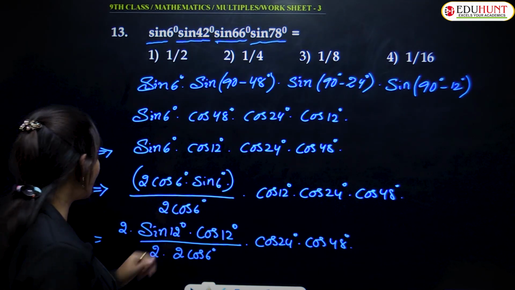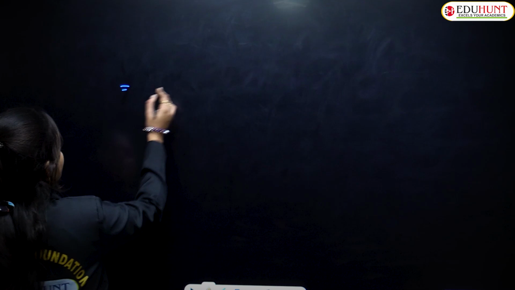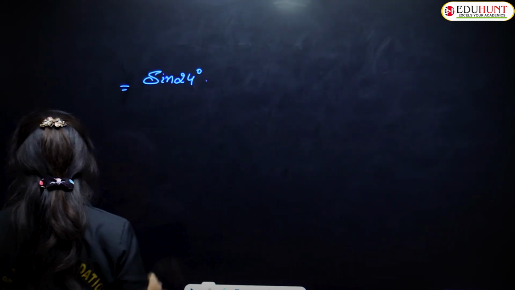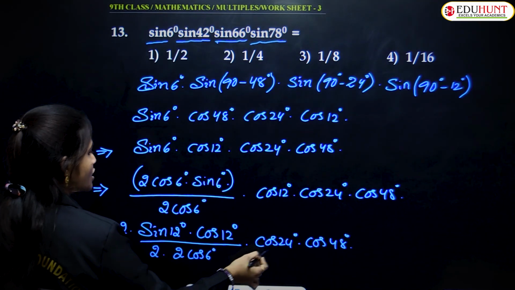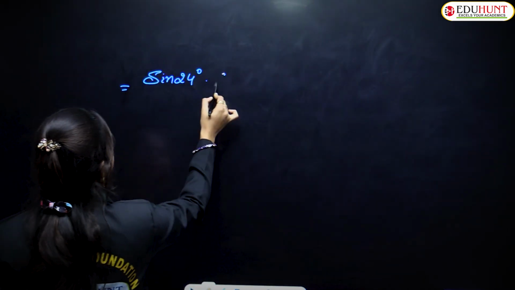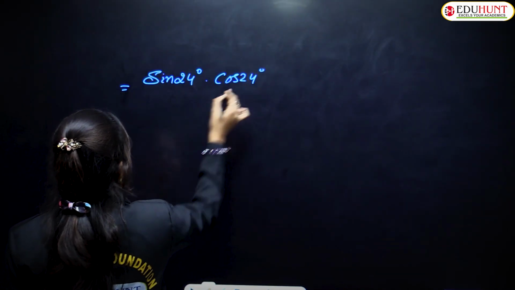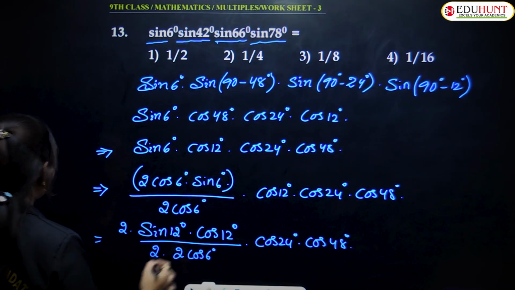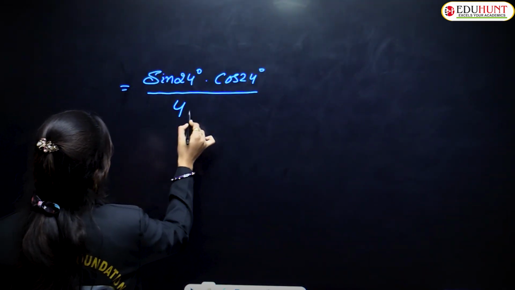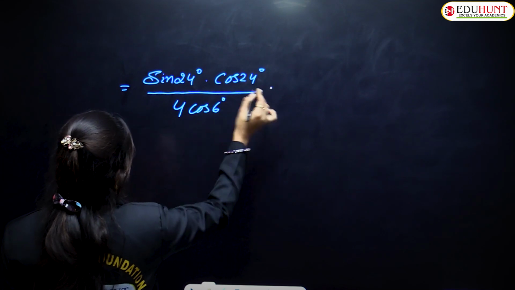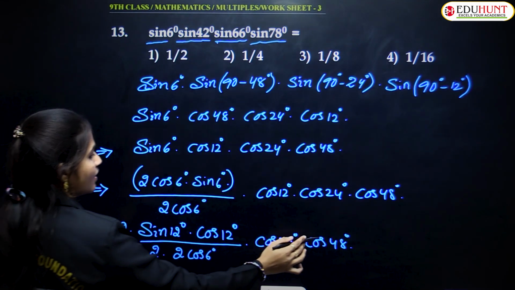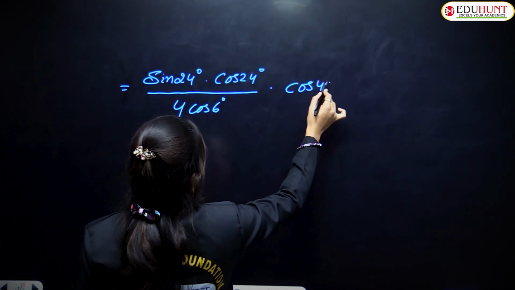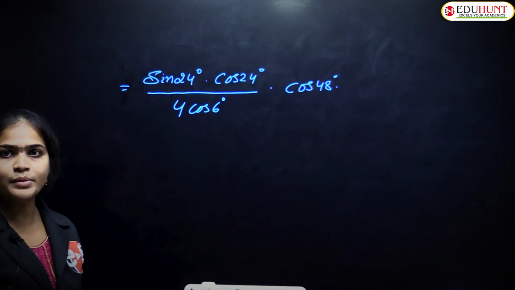So sin 24 degrees into cos 24 degrees whole by, here 2 into 2 is 4 cos 6 degrees, into the leftover term cos 48 degrees. Am I clear?